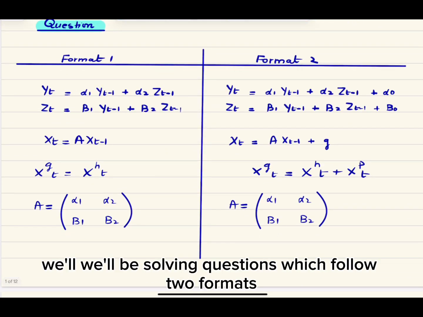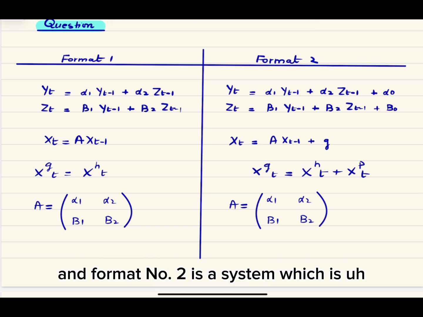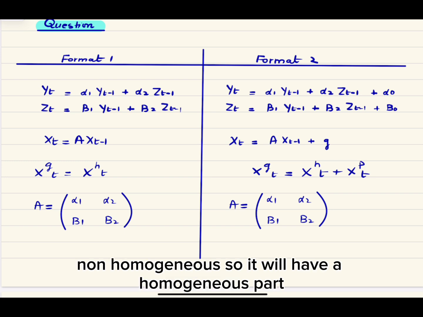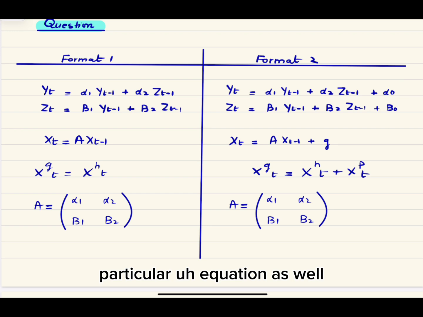We'll be solving questions which follow two formats. Format number one is a system which is homogeneous, and format number two is a system which is non-homogeneous. So it will have a homogeneous part, and we're going to have to solve for the particular equation as well.